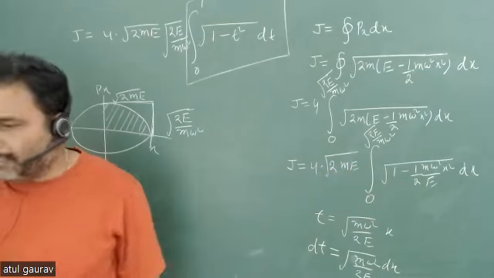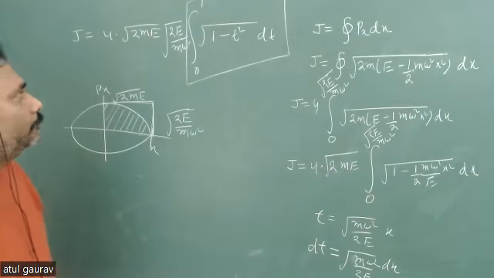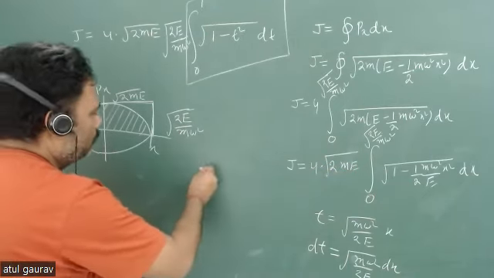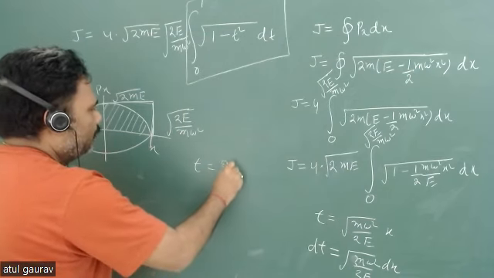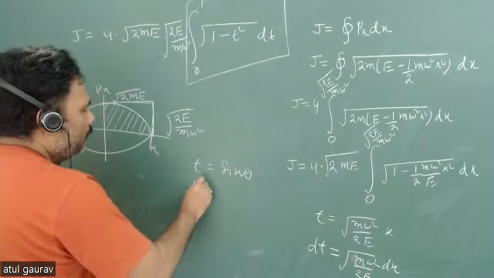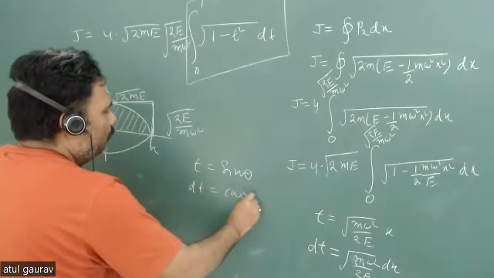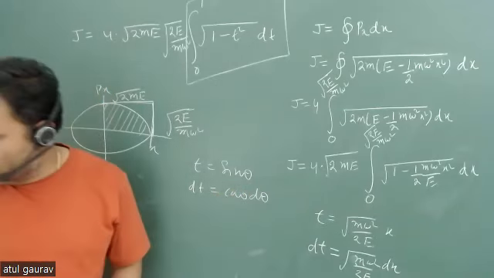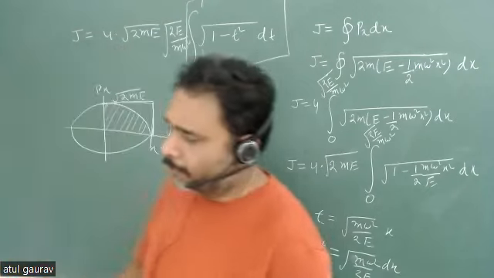ये इंटीग्रेशन कैसे करोगे? Putting t equal to sin theta, you can just put t is equal to sin theta and dt is equal to cos theta d theta. And now you can easily calculate this particular value.